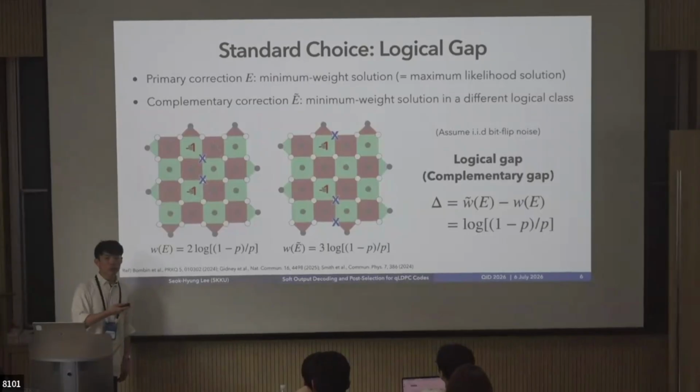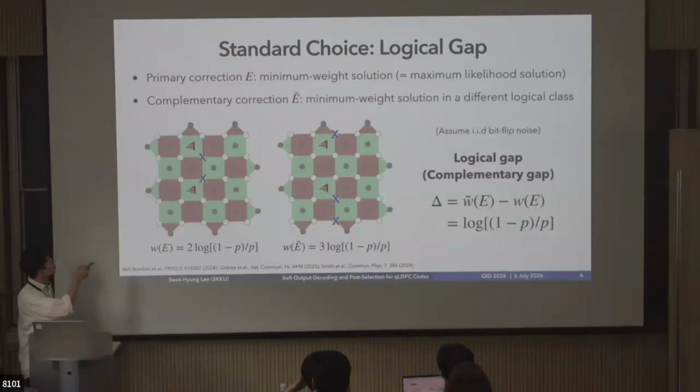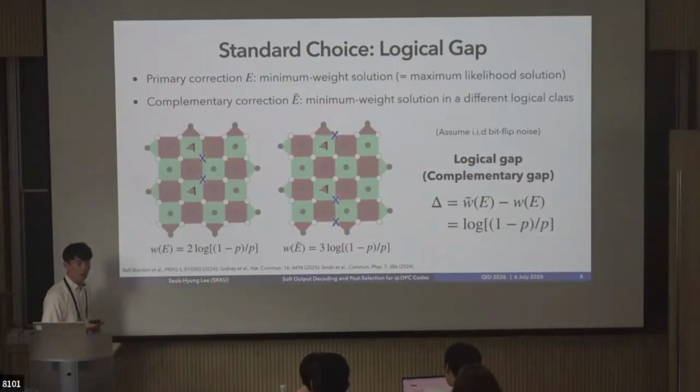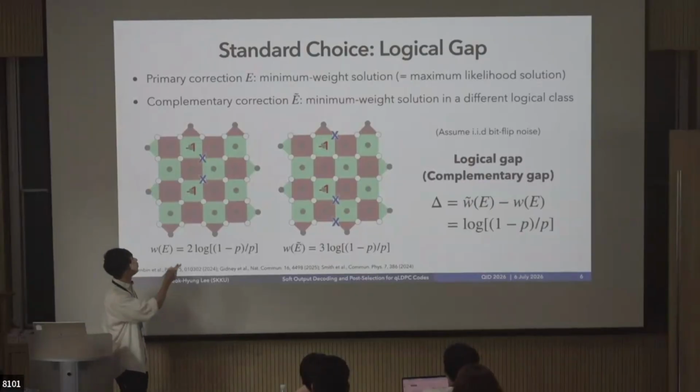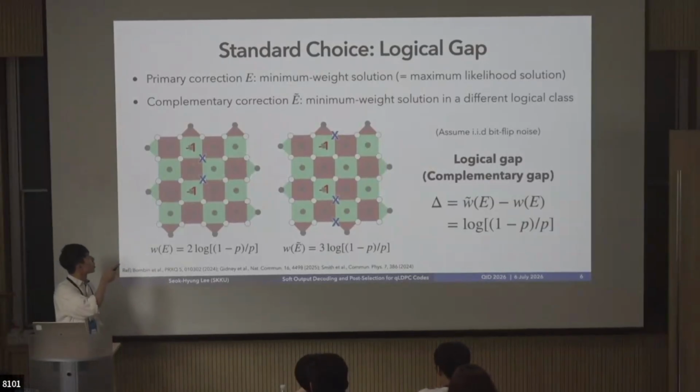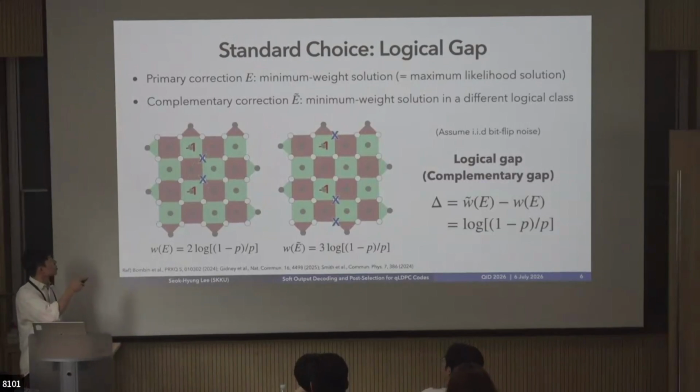But to calculate the logical gap, we need another factor, the complementary correction, which is the minimum weight correction in an alternative logical class, inequivalent to the original primary correction, which I denote E tilde. For example, in the case of the surface code, let's say these two stabilizers are violated.